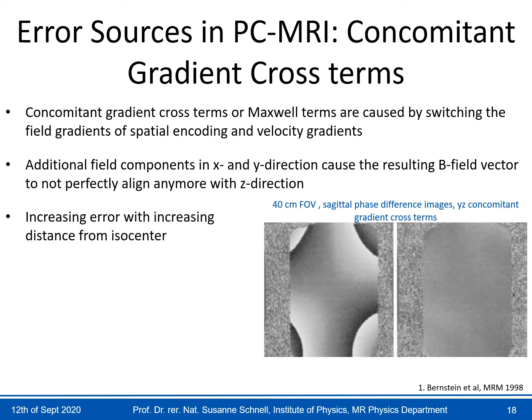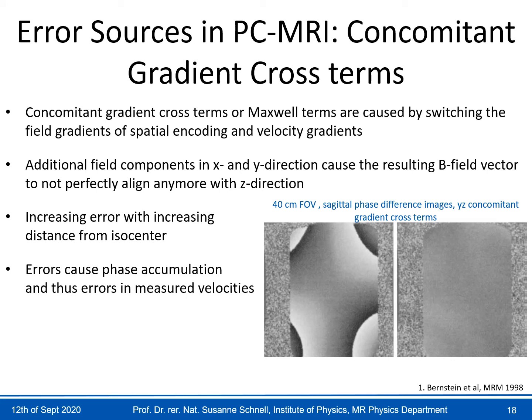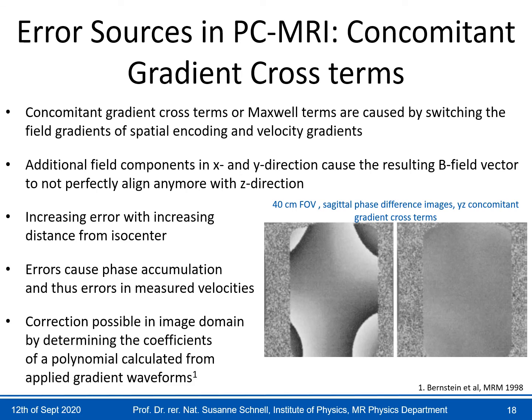This error also increases with distance from the isocenter, as can be seen here. The error causes a phase accumulation and thus errors in measured velocity. This can be corrected in the image domain by calculating the coefficients of a polynomial from the applied waveforms, which was first shown by Bernstein et al. in MRM.